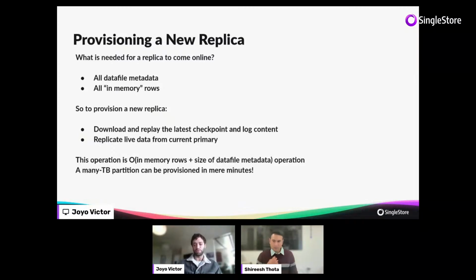And I just query them. They just have to download whatever data they need to query. And of course, they'll cache that data for future use. So that's kind of an O of in-memory rows plus in-memory data file operation, which is way, way smaller than the many terabytes of blob files you might have.